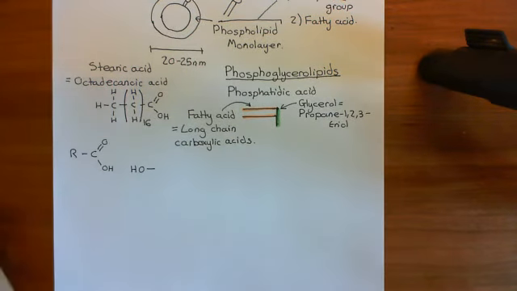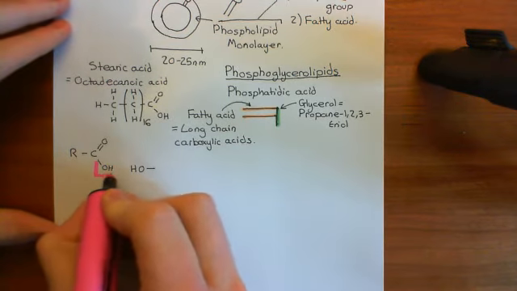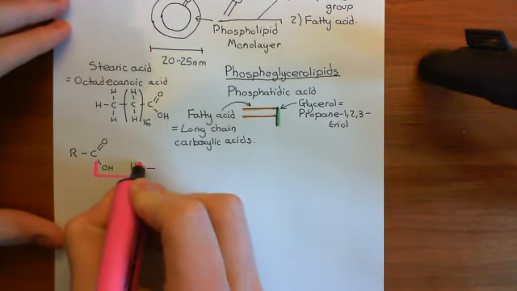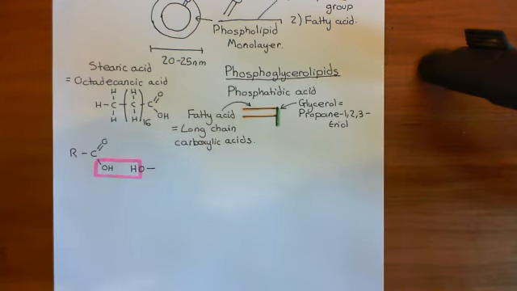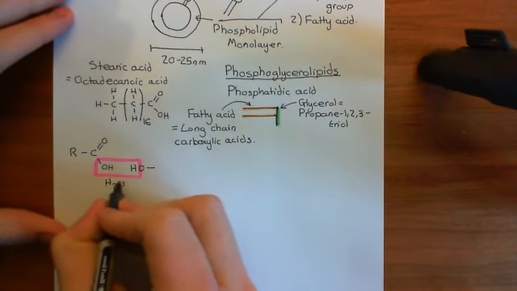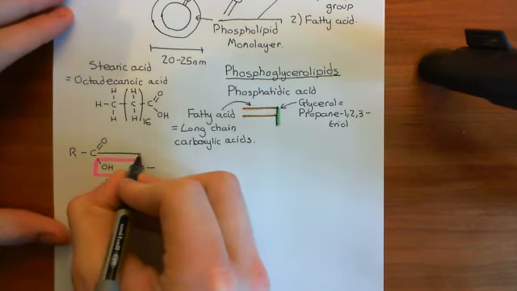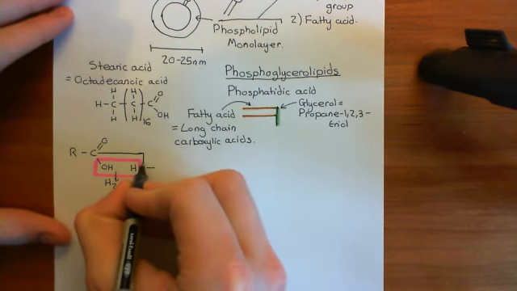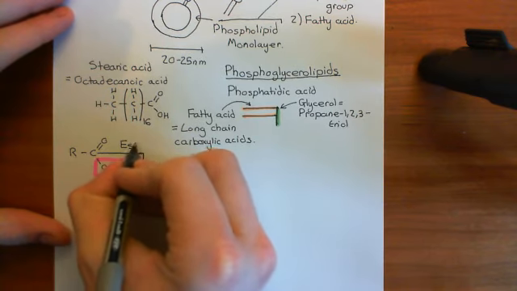Basically, to form an ester link, you take the hydroxyl group of the carboxylic acid group, you take the hydrogen off the alcohol group, and you bind those two things together to make water. So this is a condensation reaction because one of the products is water. Then you bind this carbon of the carboxylic acid group to the oxygen of the alcohol group to create what's known as an ester link.